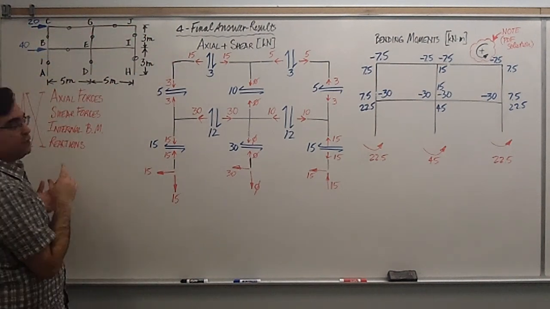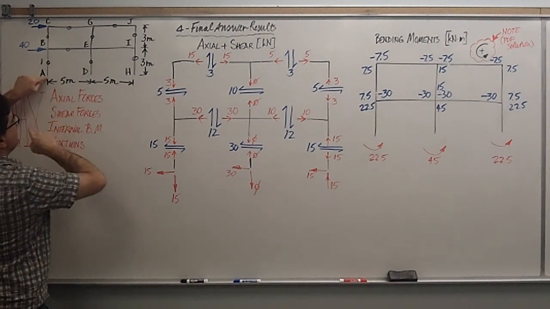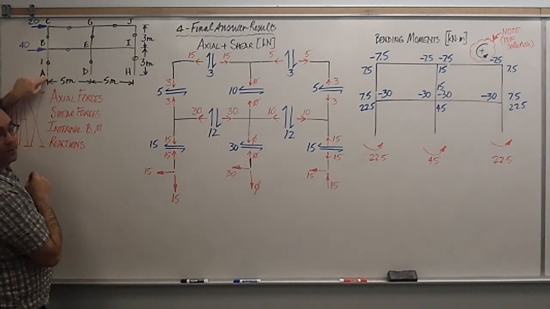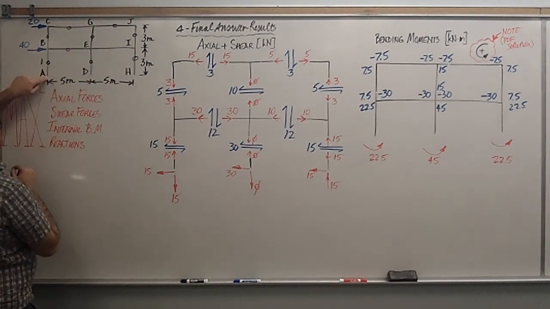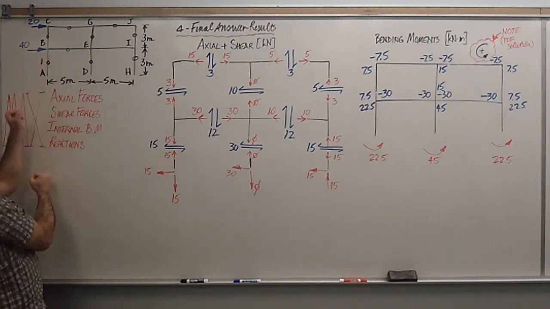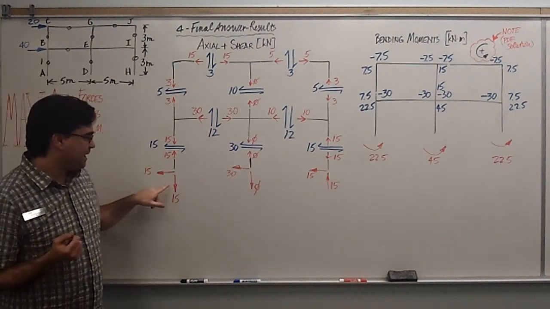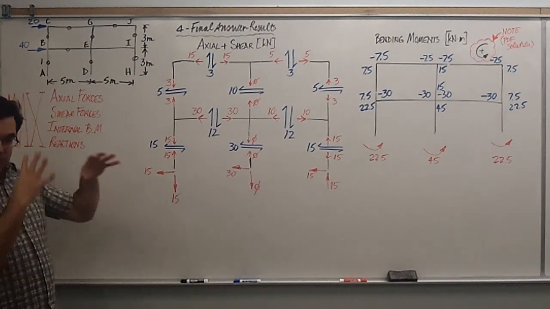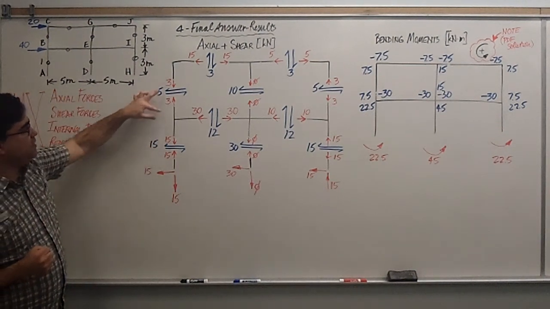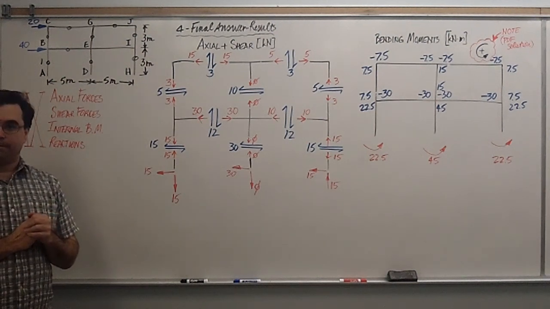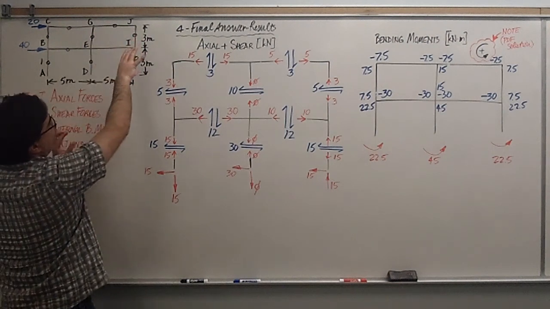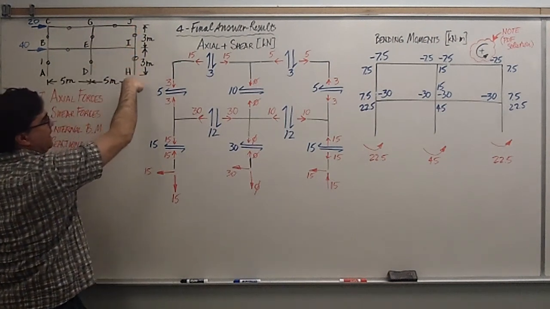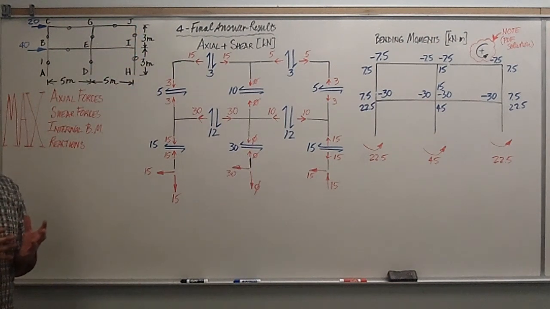The only way that this falls over is if this end lifts up, right? The only way this tips over is this moves up, tips over. That means I have to pull it back down to make sure it doesn't move. And that's why this reaction goes down, it's pulling down, and all these columns are in tension, okay? Now conversely, if this wants to tip over, that means I'm trying to push this end into the ground.